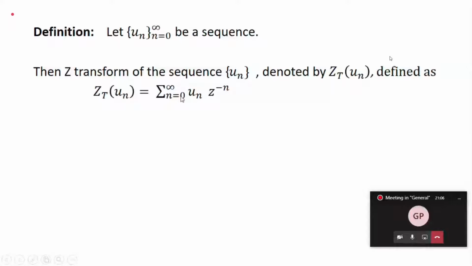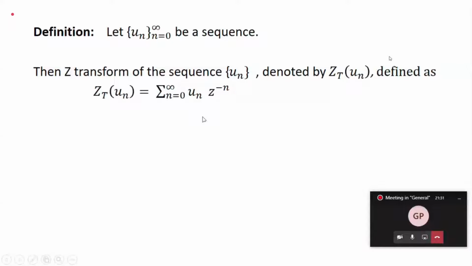So how do I find the Z transform of a sequence u n? I simply multiply the nth term with z to the power minus n, where z is real or complex, and take the sum from 0 to infinity. So this is defined whenever this infinite series is convergent.